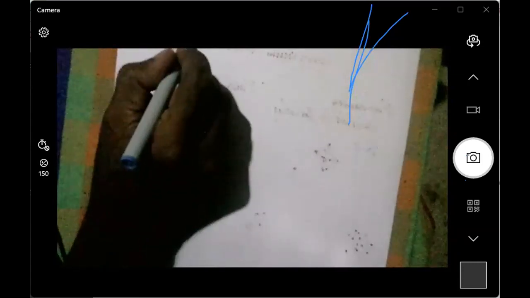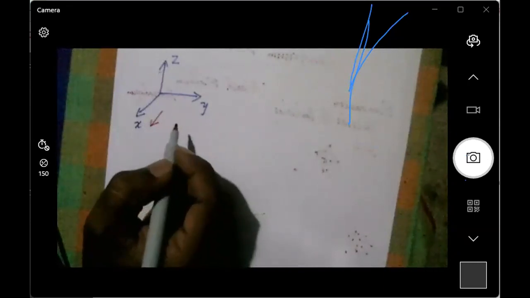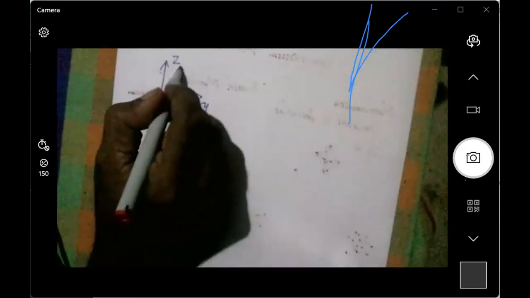There are two different types of coordinate systems. One is the Cartesian system. Since we are going to deal with vectors, we need 3 unit vectors along each principal direction, I, J, and K, right?